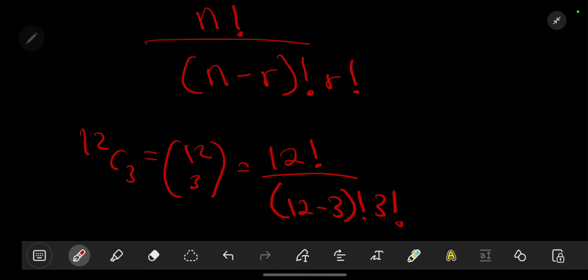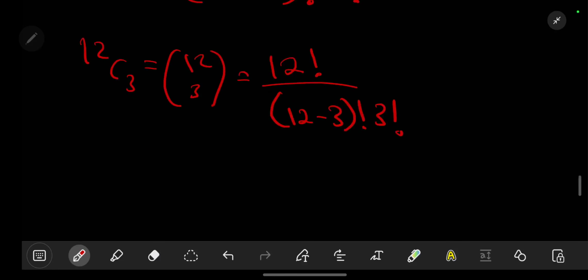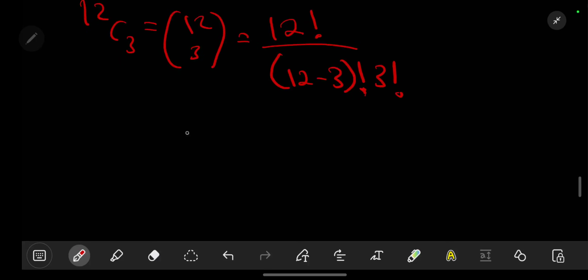Now remember one thing: if you have 5 factorial, 5 factorial is the same as 5 times 4 times 3.